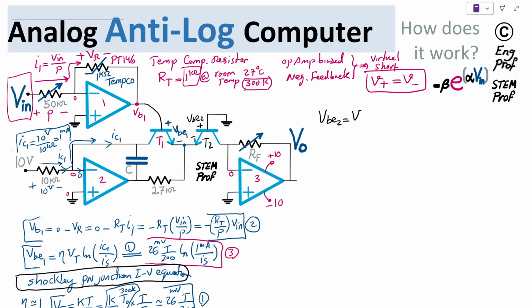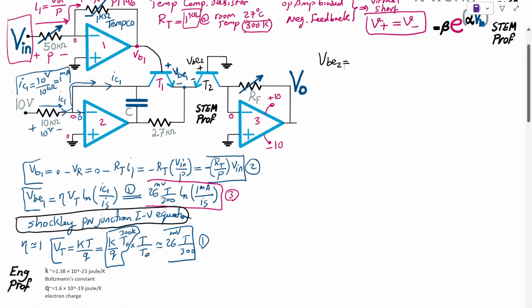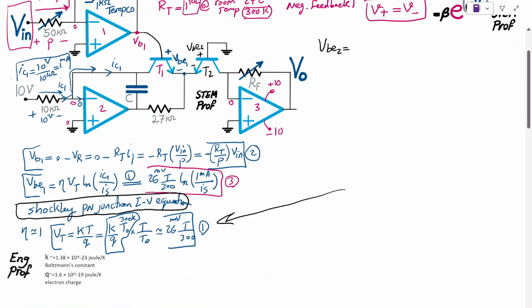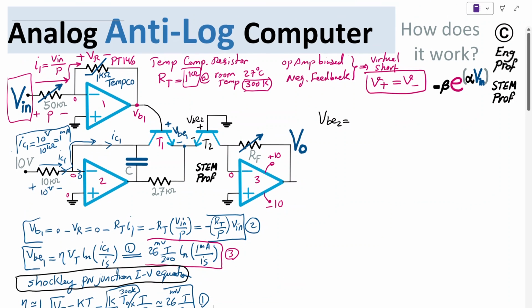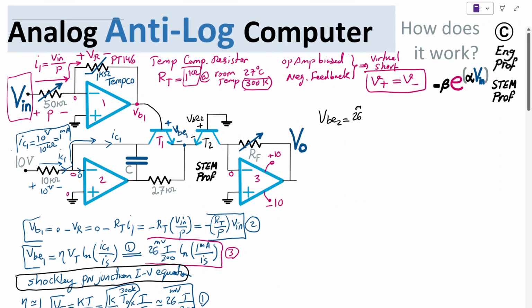Eta is 1, so I'm just going to say VT, and for VT I'm again going to substitute what we found here: 26 millivolt times T over 300. Then natural logarithm, and then we have log of IC2 divided by saturation current IS. So what is this IC2?